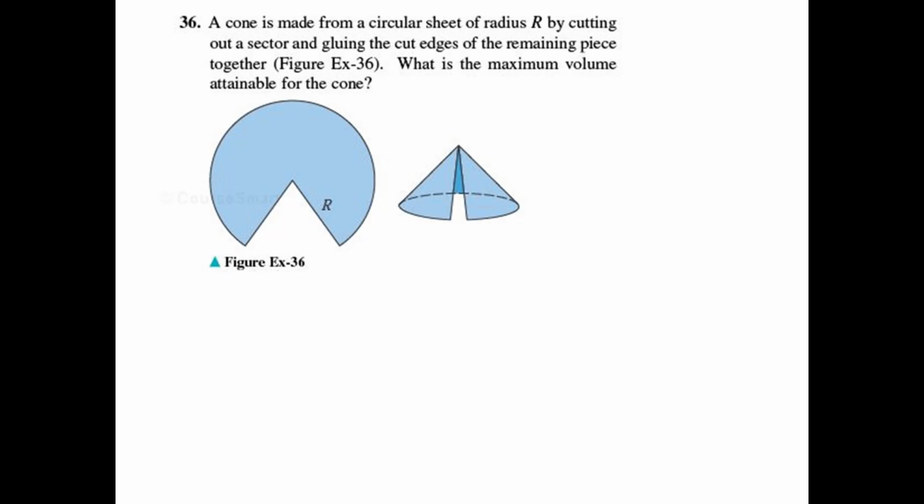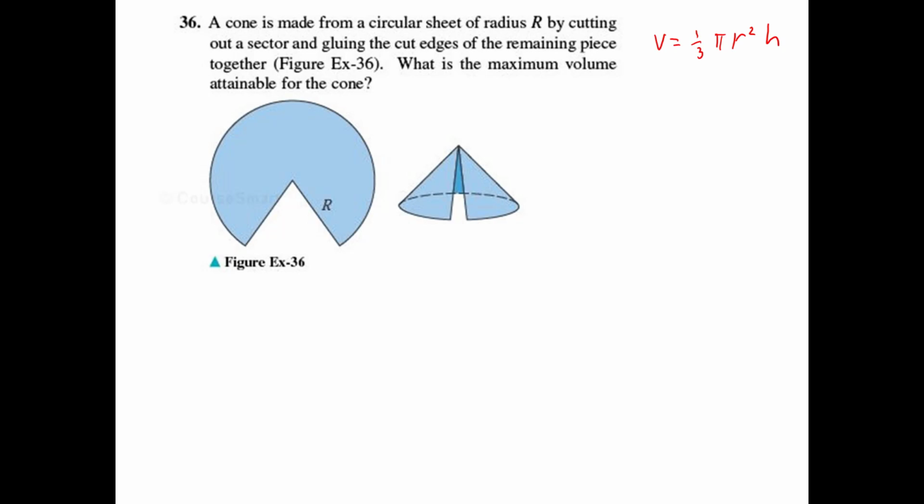And we're going to make this cone. So maximize the volume of a cone. Volume is 1/3 pi r squared h, where r is the radius of the cone, not the radius of the circle that you started with. This is a constant, right? So that's not changing.